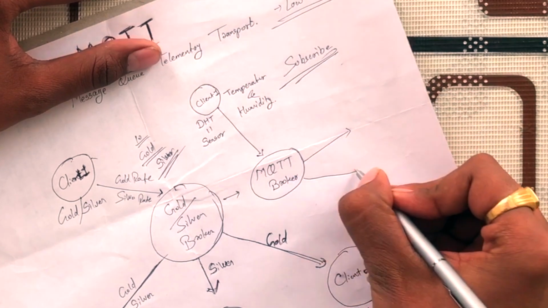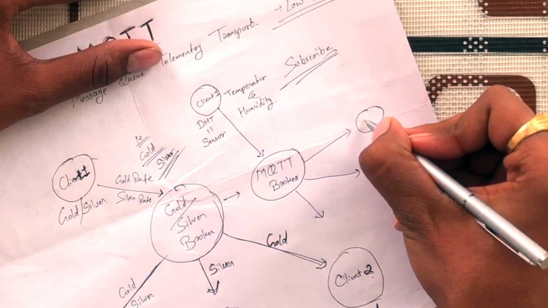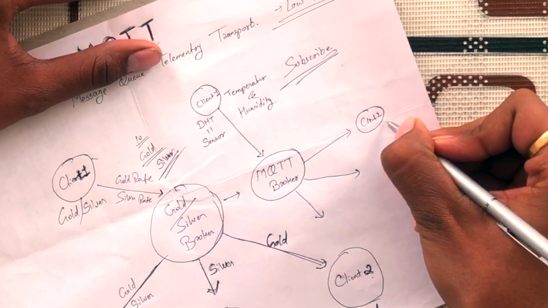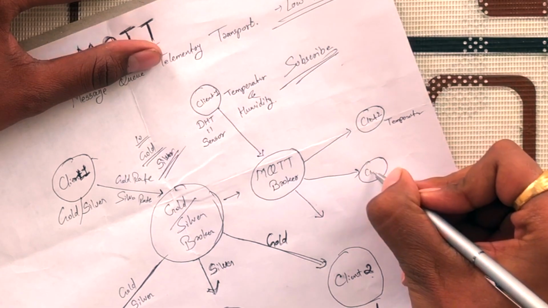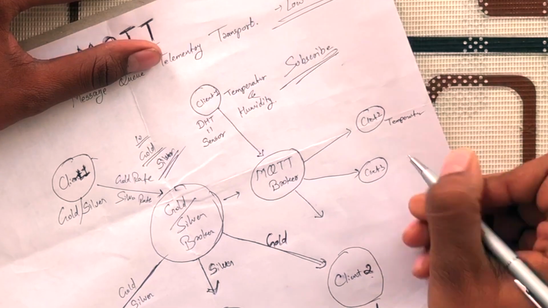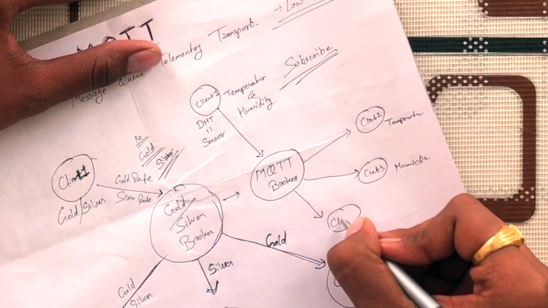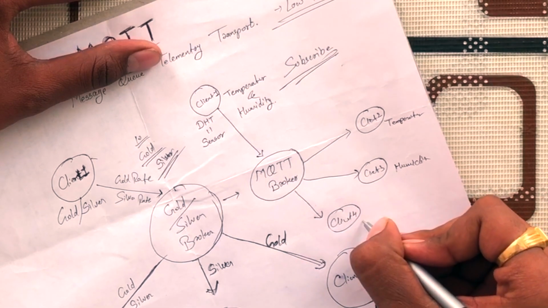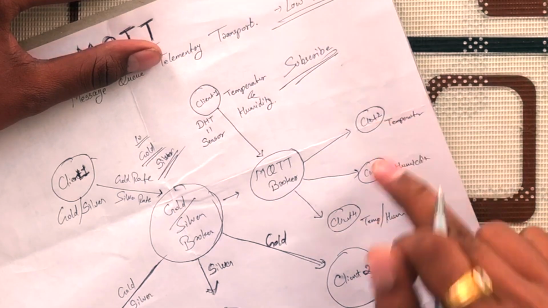Let's move it forward. So here I have 3 clients. Earlier it was gold, silver, and gold and silver. So here I have client 2, which is interested in temperature, client 3, which is interested in humidity, and client 4, which is interested in temperature as well as humidity. So what are these clients?